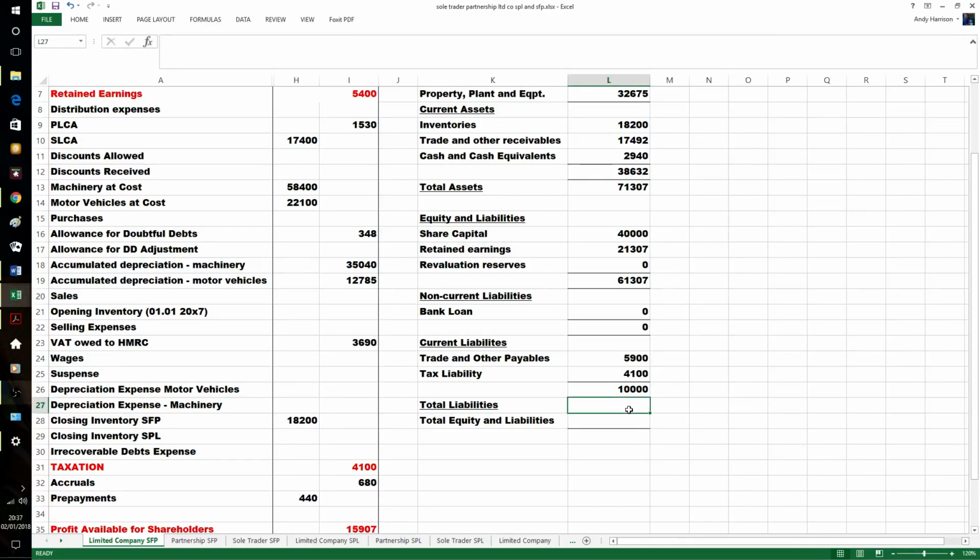Total liabilities is the non-current liability plus the current liability, and then total equity and liability is the equity bit plus the total liabilities, and that balances out the total assets of the business.